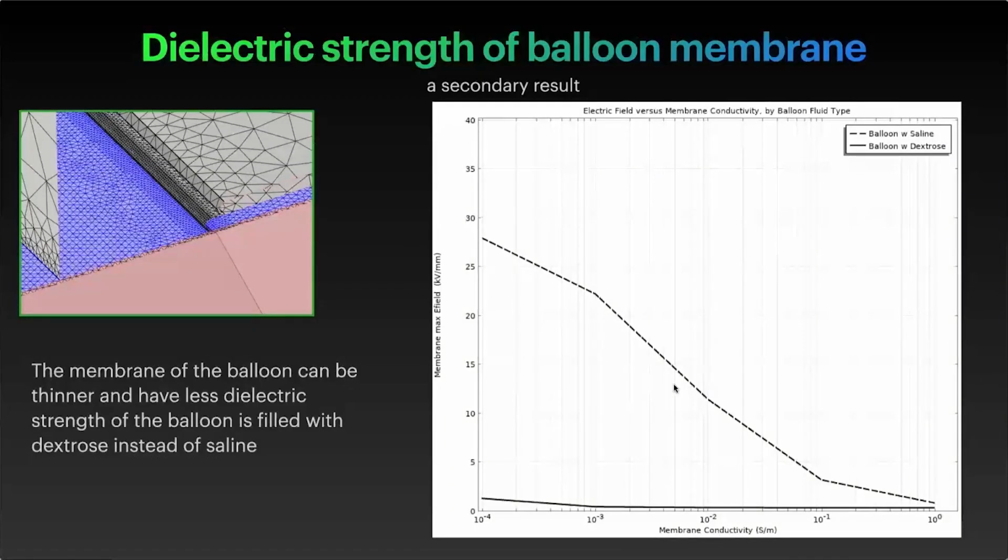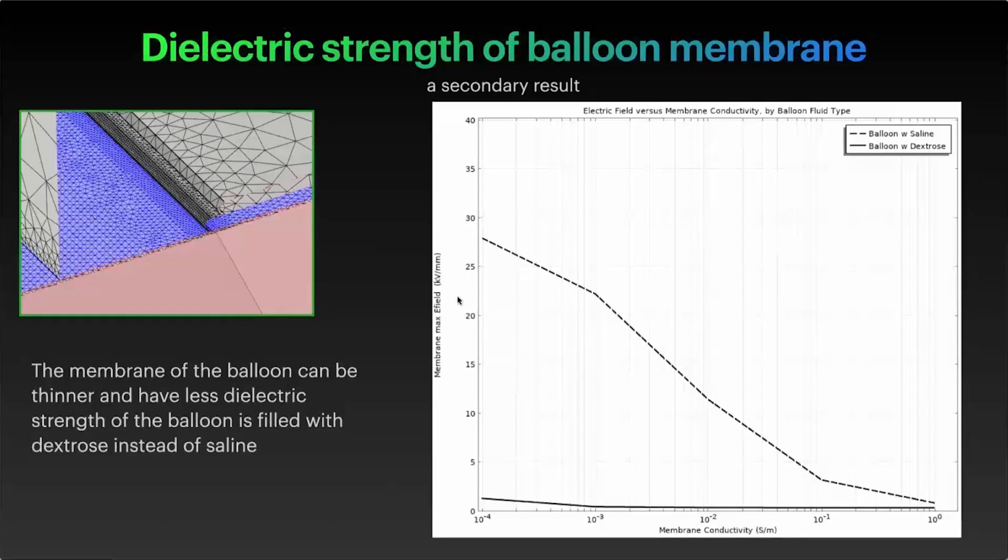Now, in terms of the dielectric strength of the balloon membrane, when you're using very high voltages, one experiment that was done was to fill the balloon with dextrose instead of saline, which is the conventional fluid to fill catheter balloons. You can see that the requirement for dielectric strength is substantially reduced when you use a dextrose-filled balloon.